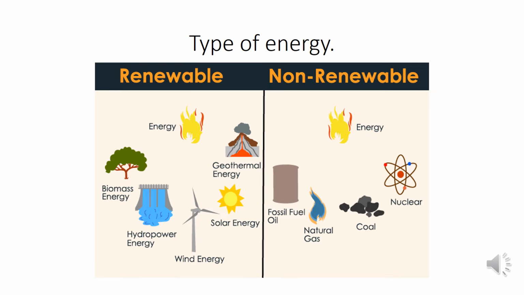Firstly, for renewable energy, hydropower energy, wind energy, and solar energy require the wind, the water, and the sunlight. It's very dependent on nature. And the good thing is, renewable energy is the most green technology.